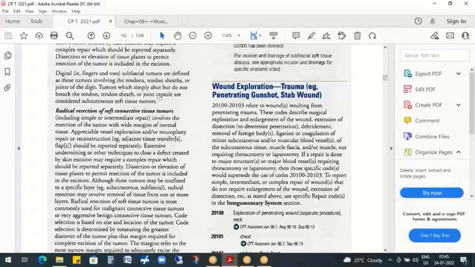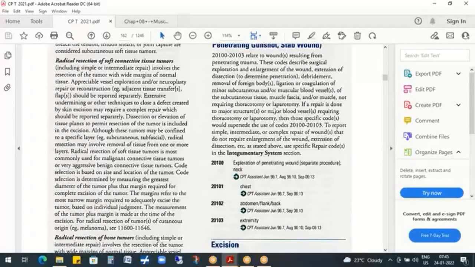Underline the first 5-6 lines in that paragraph. Just write down body part. What do we need to look for? Body part. Exploration is the key term.